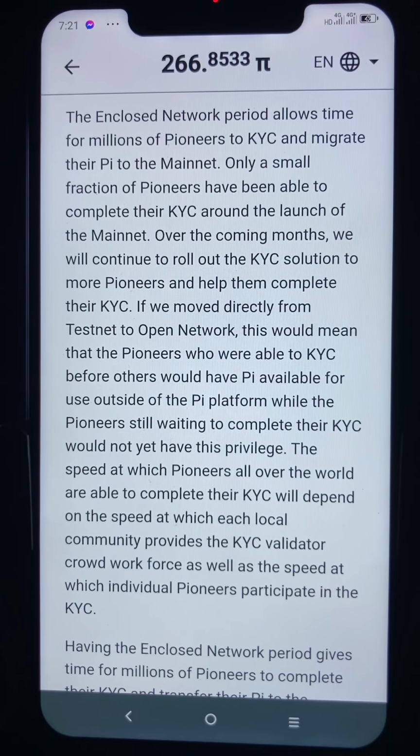By the time na full mainnet na, open na siya, almost all of us, pioneers, are already KYC'd and magagamit na natin lahat. Hindi yung a few people lang, which is yung mga KYC right now, which is just maybe 1 million na, o baka nga less than 1 million pa lang yata yung KYC, no?